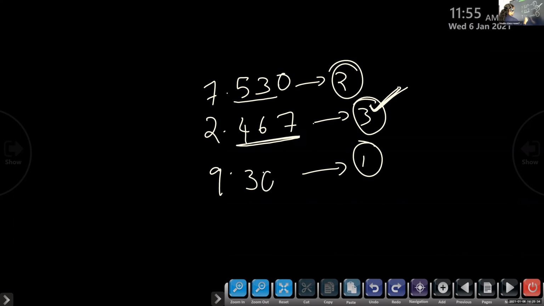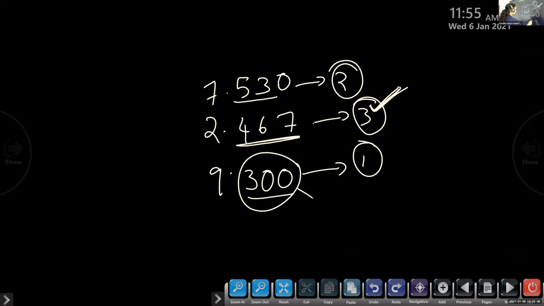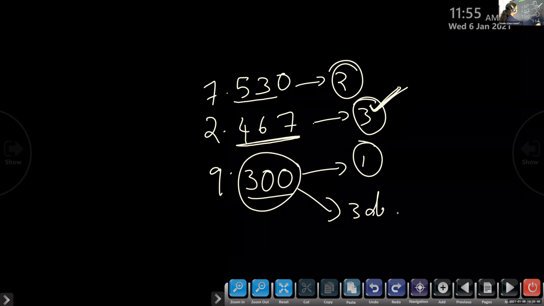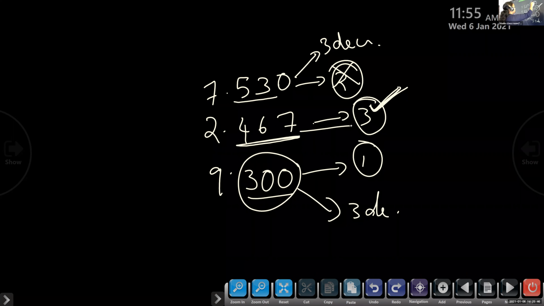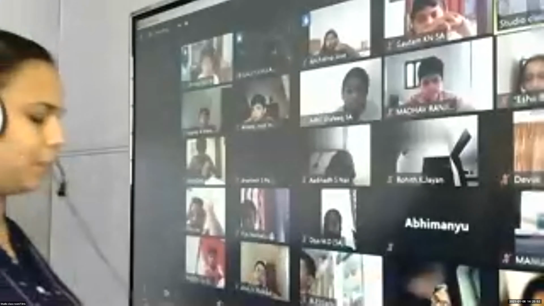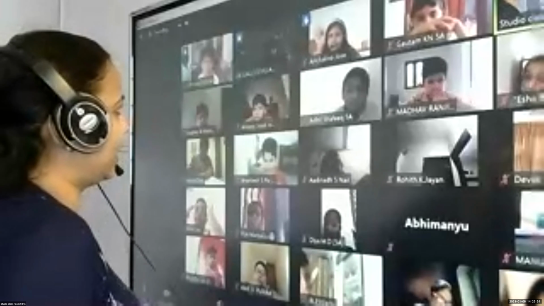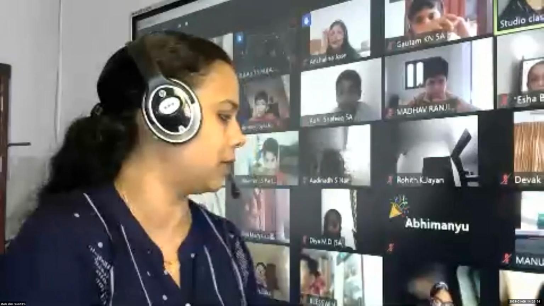Add 2 zeros. So now this became 3 decimal places. Here also now it becomes 3 decimal places. So first number, second number, third number, all have 3 decimal places. Now these unlike decimals became like decimals.